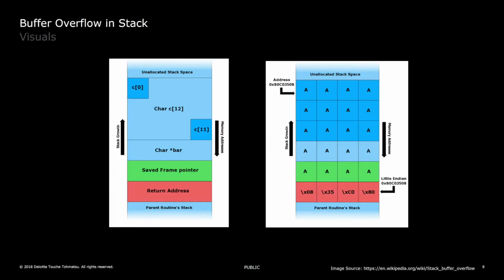So I think this will be a better representation of how a buffer overflow exploit looks like. As you see here, if you consider that the char C, or however you want to call it, that's the input to the function that we control.